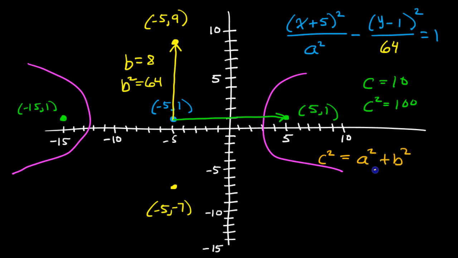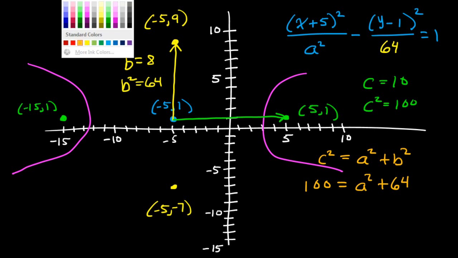For ellipses, it's minus, but for hyperbolas, it's plus, which is funny because it's opposite of the way the standard form equation goes. When this is minus, this is plus. When this is plus, this is minus. Anyway, I know that c squared is 100. I'm looking for a squared, and I know that b squared is 64.